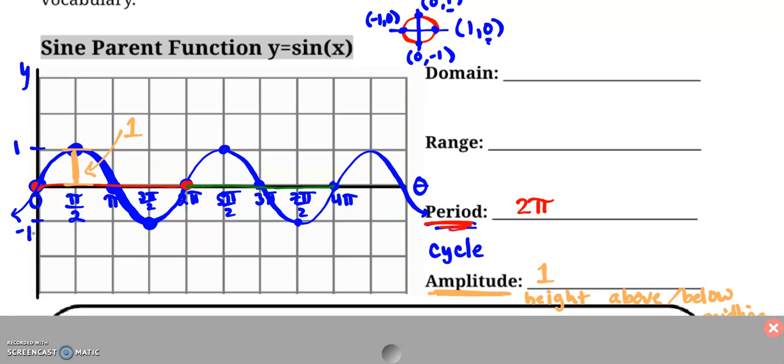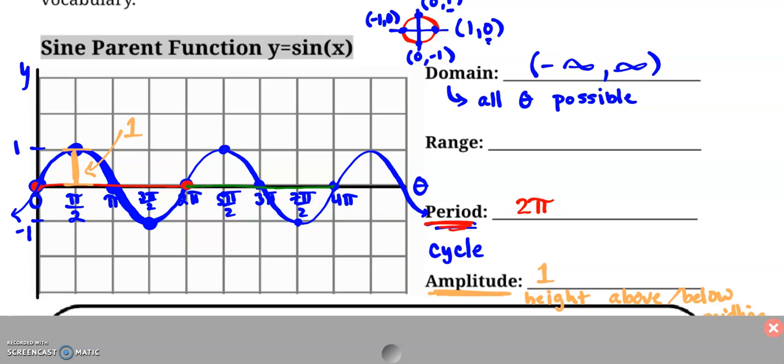So if it keeps going on forever positively and forever negatively, our domain is -infinity to infinity. That is all the thetas that are possible, all angles. You can spin around infinitely and find a sine value.